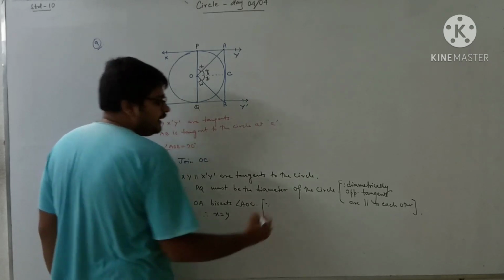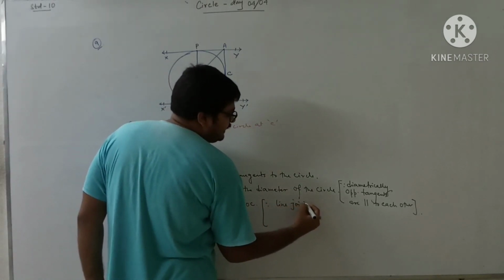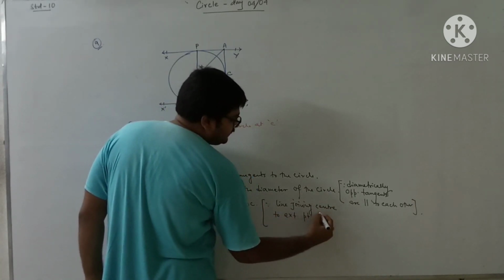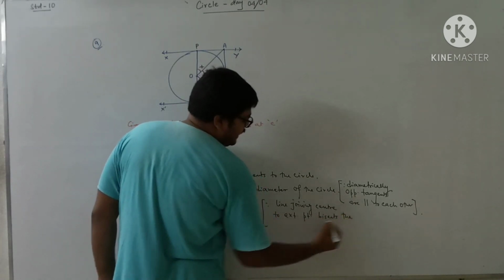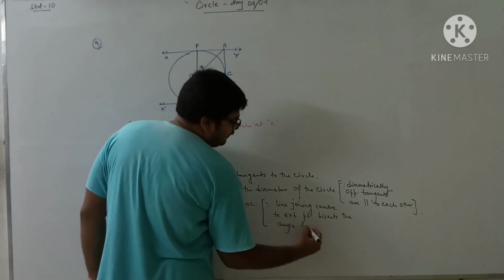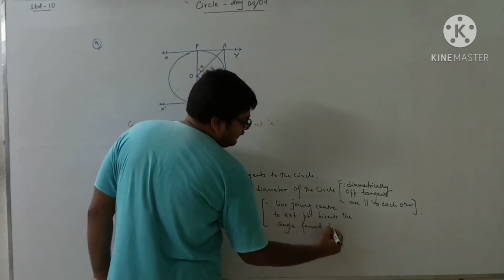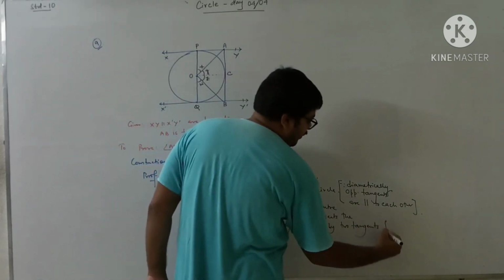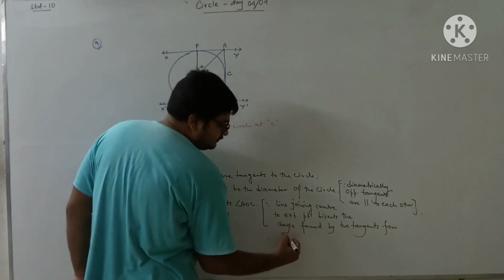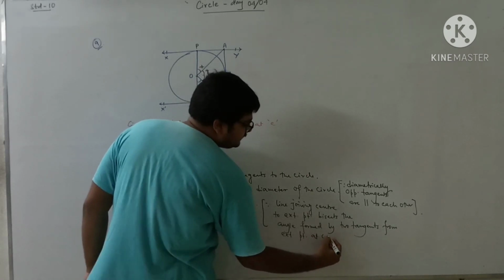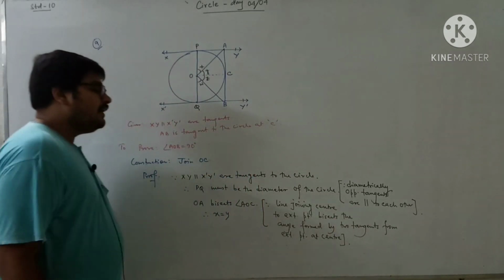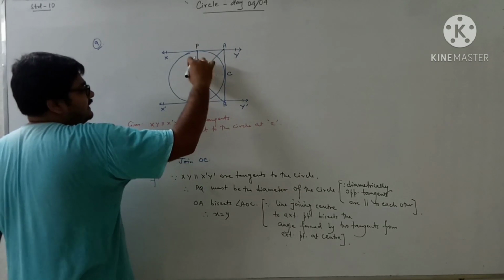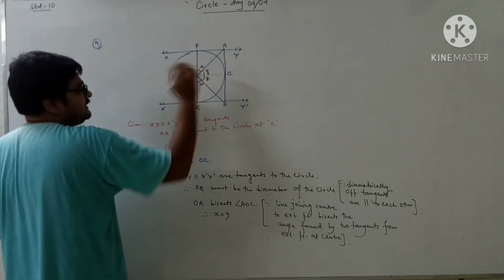Since the line joining the center to the external point bisects the angle formed by the two tangents from the external point at the center. The line joining the center to the external point bisects the angle formed by the two tangents from the external point at the center. At the center, whatever angle they are forming, this line bisects it.